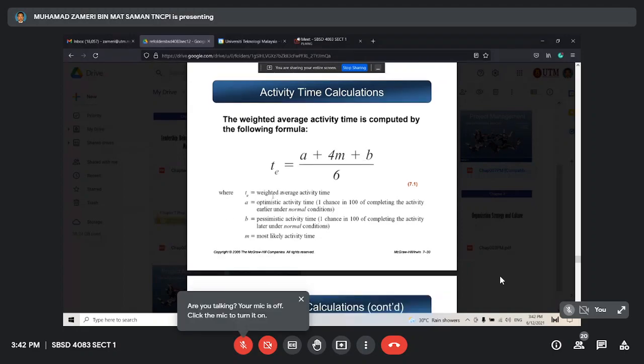A is the optimistic time, that means the minimum time you can complete the activity. Let's take painting. When you do a renovation, you need to paint the wall. You say the painting process takes 10 days.